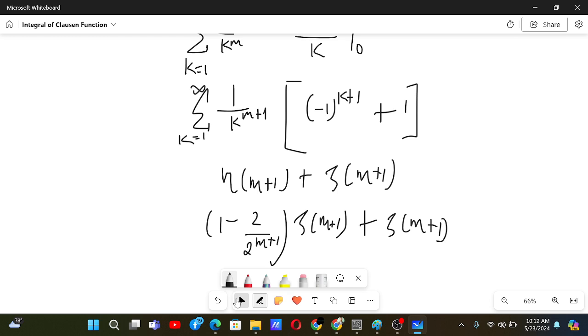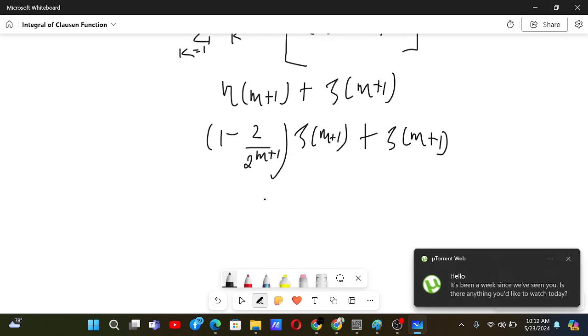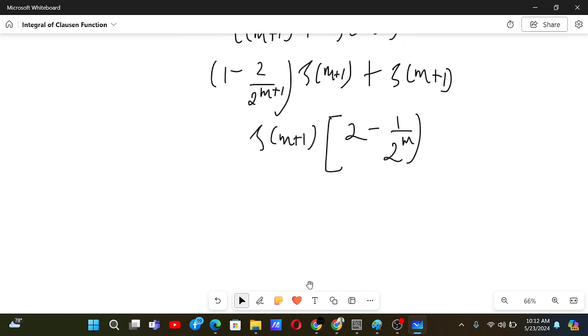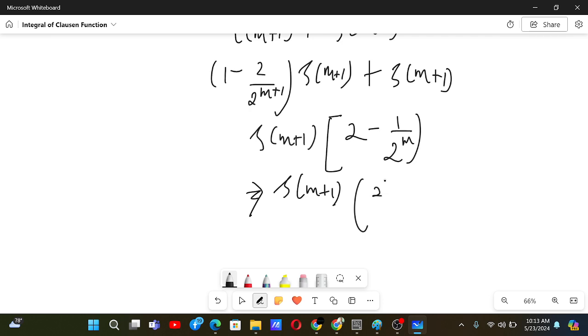So our answer eventually becomes zeta of m plus 1 times 2 minus 1 by 2 to the power m. So this will be zeta of m plus 1 times (2 to the power m plus 1 minus 1) by 2 to the power m. This seems to be the answer for me.